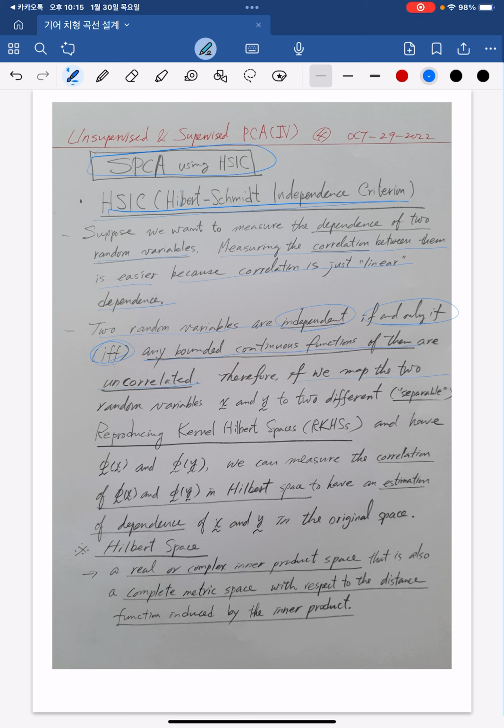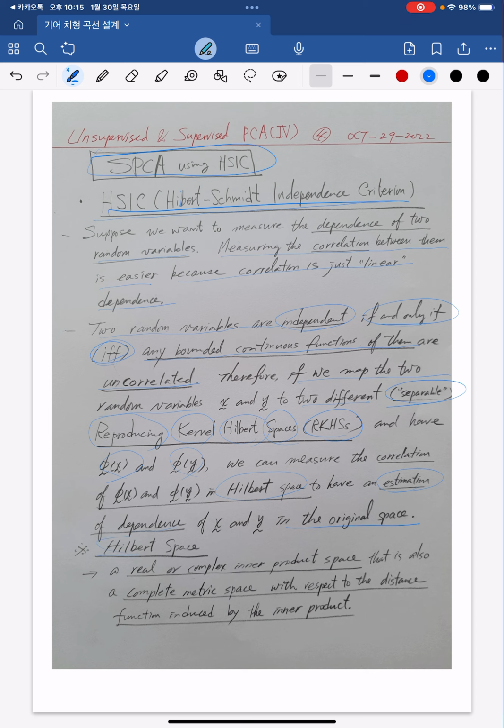Therefore, if we map the two random variables x and y to different separable reproducing kernel Hilbert spaces, RKHSs, and have phi x and phi y, we can measure the correlation of phi x and phi y in a Hilbert space to have an estimation of the dependence of x and y in the original space.